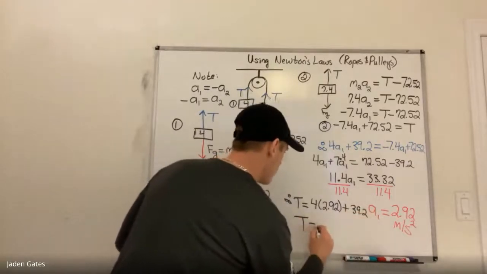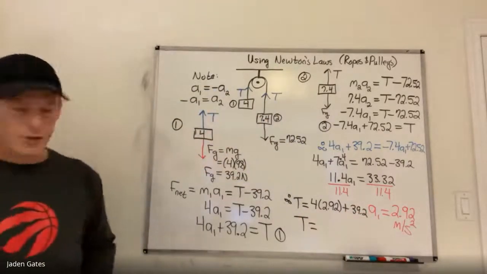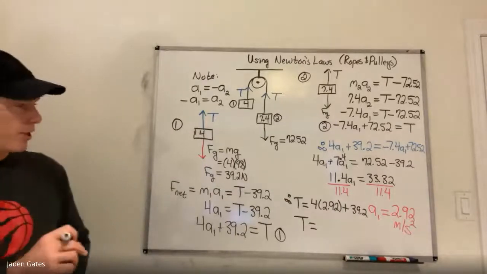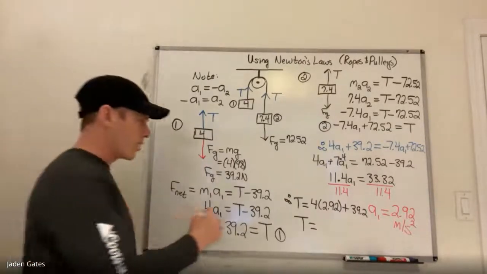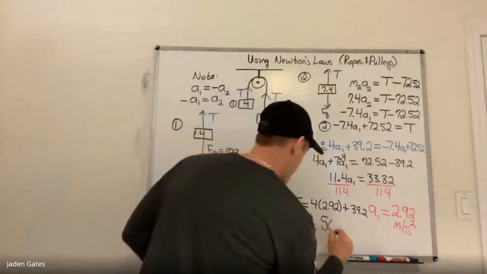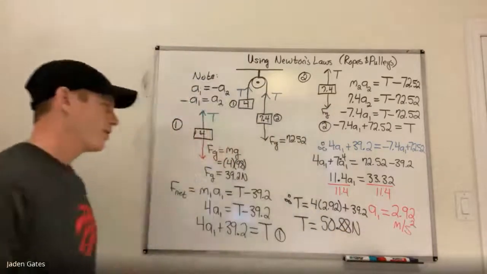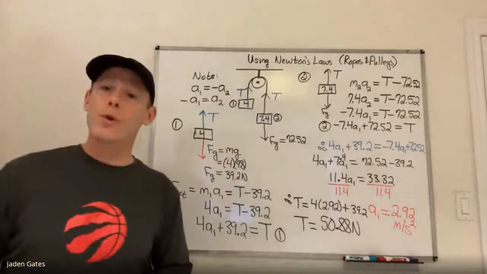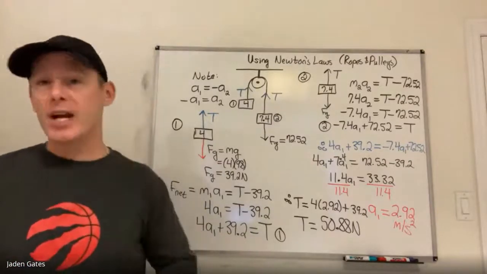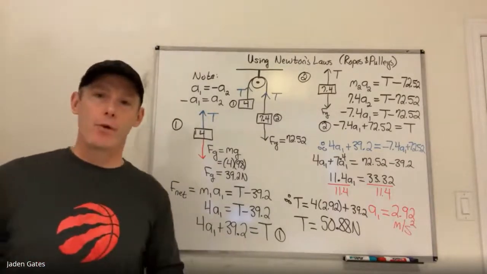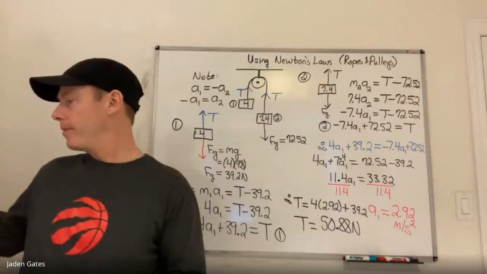And if I do 4 times 2.92, then add 39.2, it looks like the string is pulling up with 50.88 newtons. So now we know what direction these masses move, how fast they're accelerating, and what the force of the string is that's pulling on them.